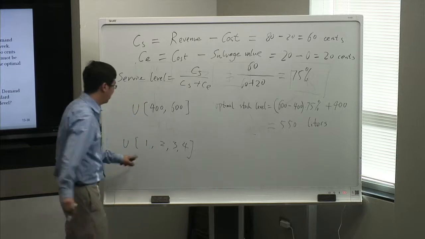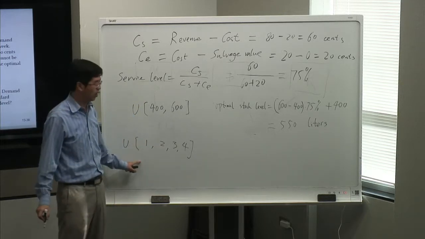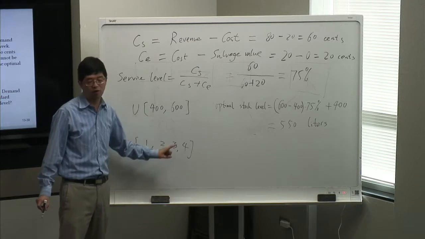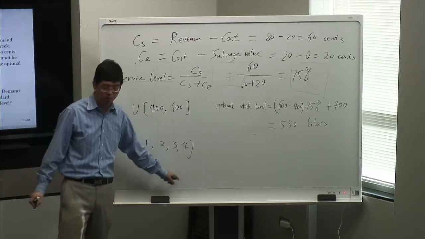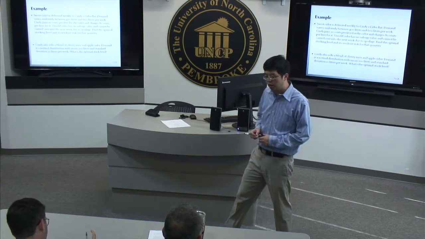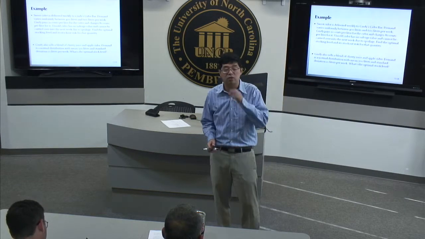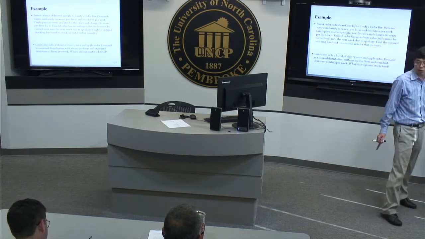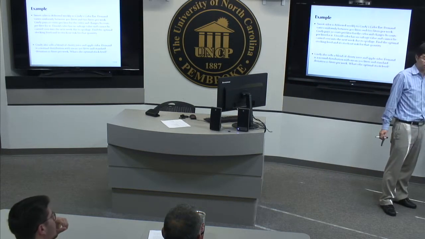That means 25% probability is 1, 25% 2, 25% 3, 25% probability we get 4. Then given this simple uniform distribution, if we want to have the 75% service level, which quantity should we hold? 3, right?